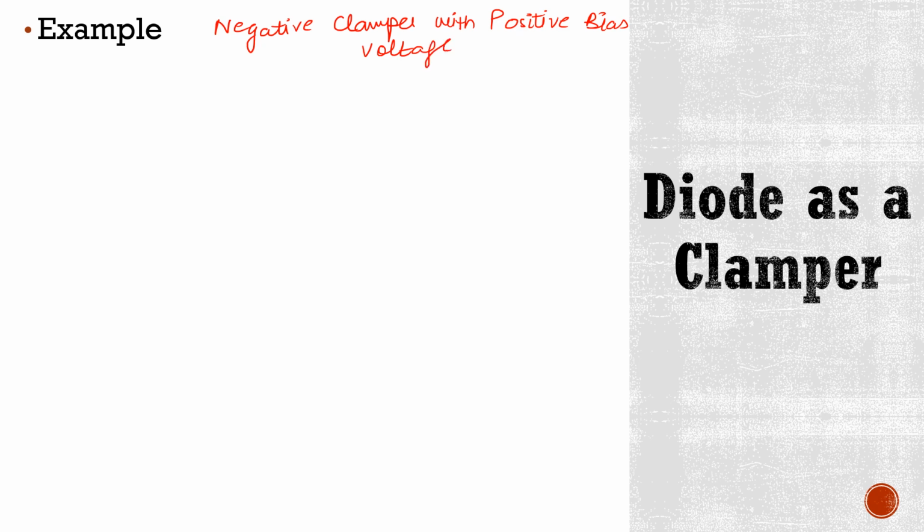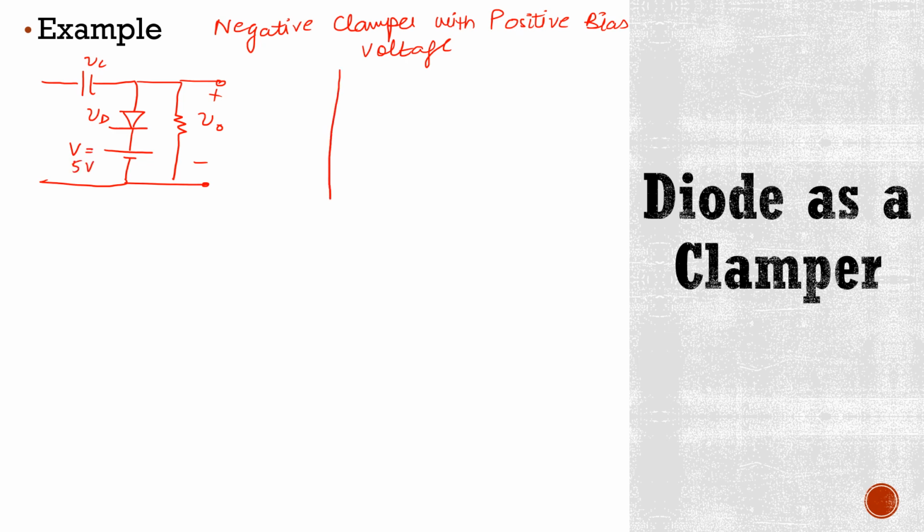Now in this case, the circuit will look like this because we know that this is the direction of diode in negative clamper, and I'm talking about positive bias voltage, so it is connected to positive terminal of this battery, and here we have resistor, and here voltage drop is V0. Here we have VC, here voltage is VD, and this is V. And again, suppose it is 5 volts.